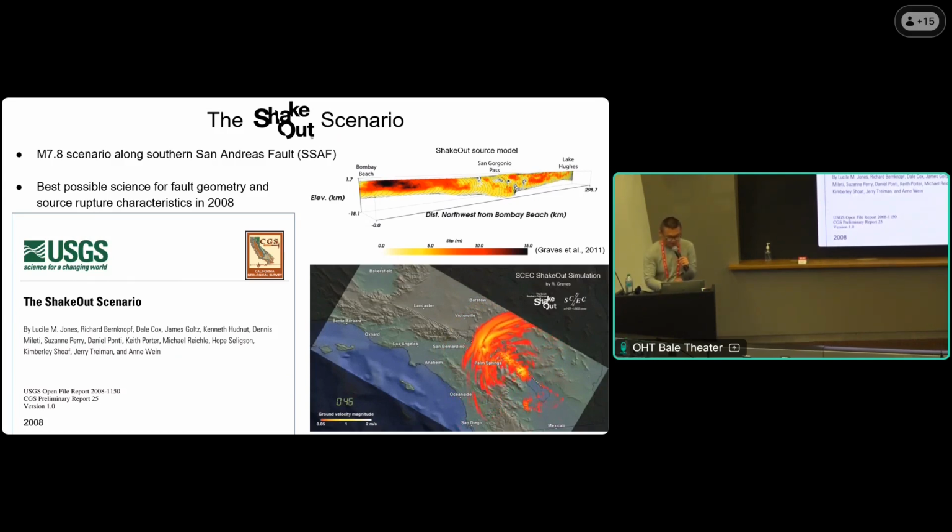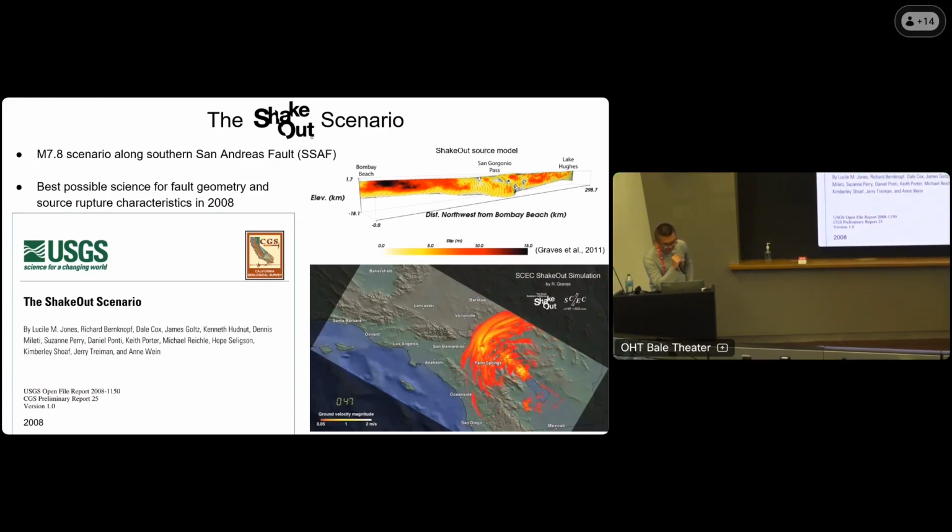An earthquake doesn't occur at a single point in space. It's actually a distributed process along the entire fault plane. So it's a multi-institutional project, and a lot of scientists used the best available science to determine where the fault plane is and how to describe the fault slip as a function of space and time.